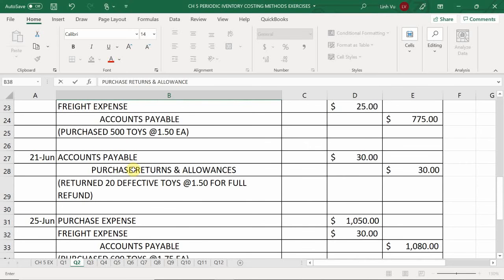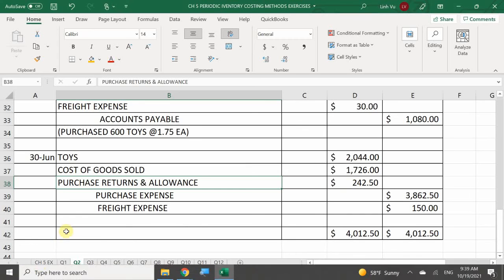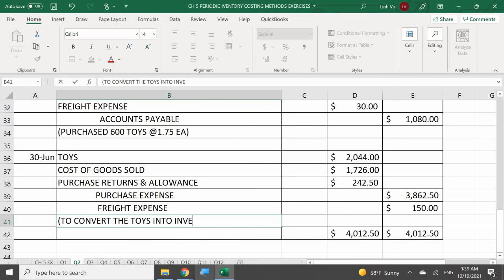In order to zero something out, you would put it in the opposite direction. So therefore, I am debiting my account now because I'm zeroing it out. All right, so that's what's missing here: I have a purchase returns and allowance right here, and it's going to be included in my conversion entry. And then last but not least, I need to make a note to convert the toys into inventory.